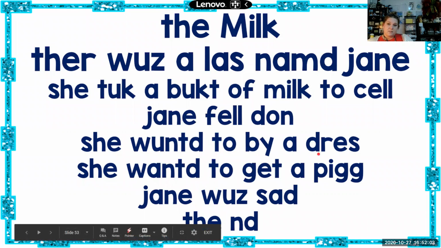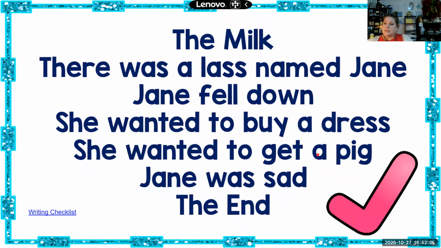Okay, so let's look at an edited copy of his story. The Milk. Do you see how this is capitalized? And this is capitalized. And the corrections are made with the spelling. There was a lass named Jane. Jane fell down. She wanted to buy a dress. She wanted to get a pig.